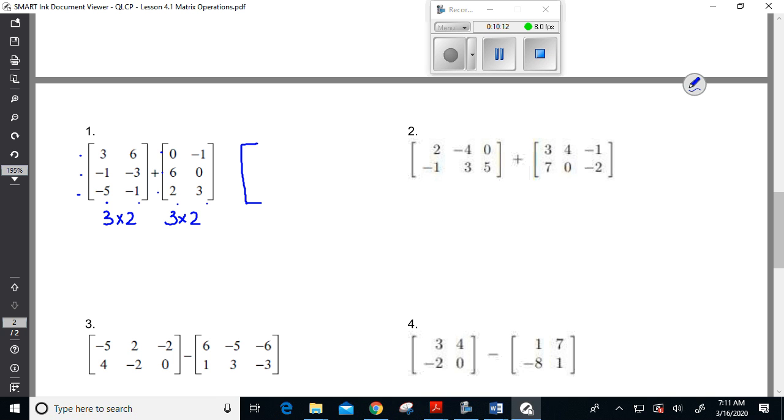So in this case, that becomes 3 plus 0, 6 plus -1, -1 plus 6, -3 plus 0, -5 plus 2, -1 plus 3.